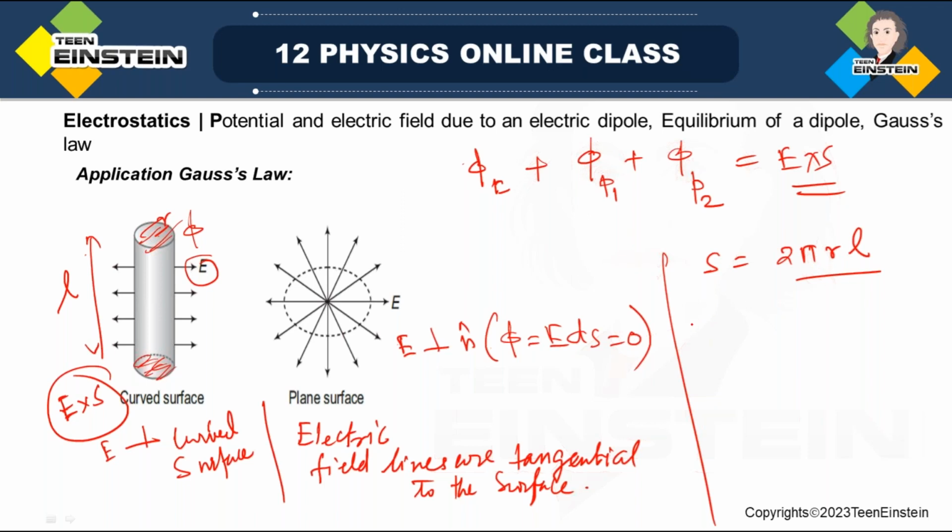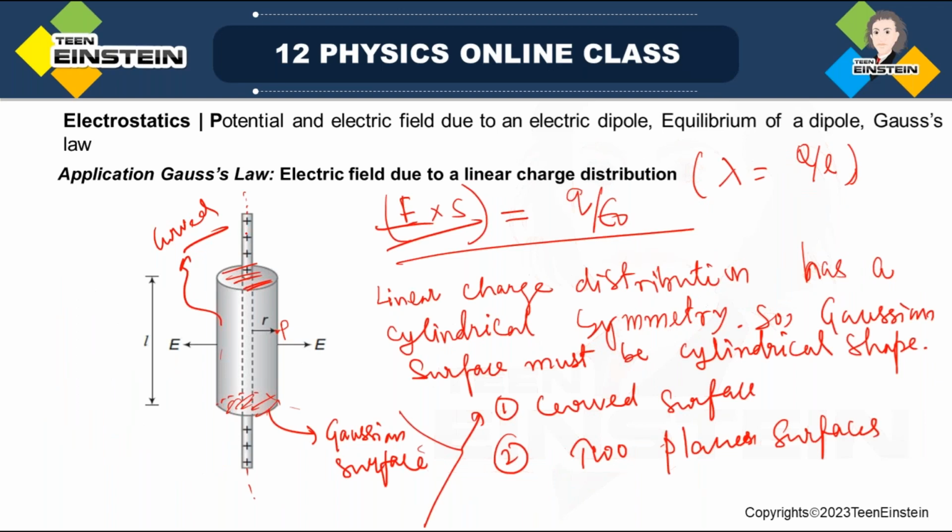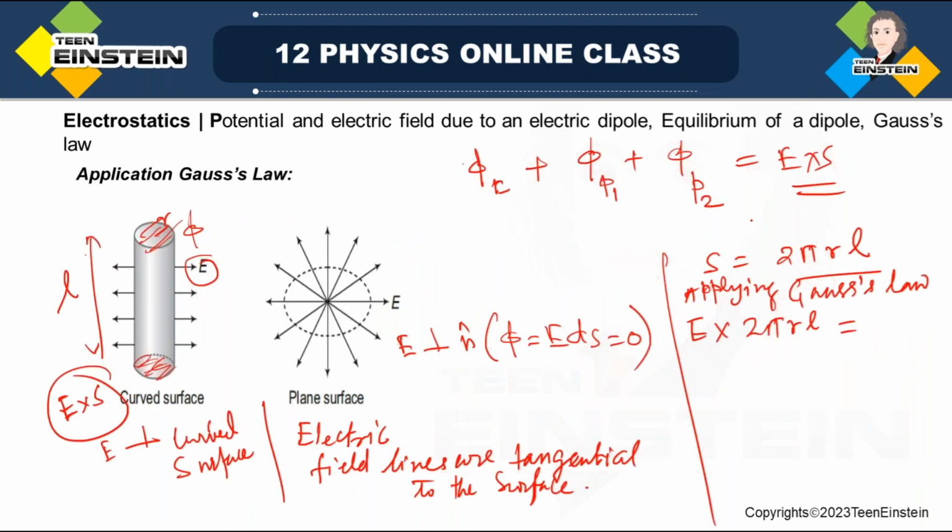Once you get this, I can apply Gauss's law. E into 2 pi r L, this is E into S, equals the charge enclosed divided by epsilon naught. What is the charge enclosed? The infinite charge distribution may have a very large amount of charge, but what I have to consider is the charge enclosed by this Gaussian surface.